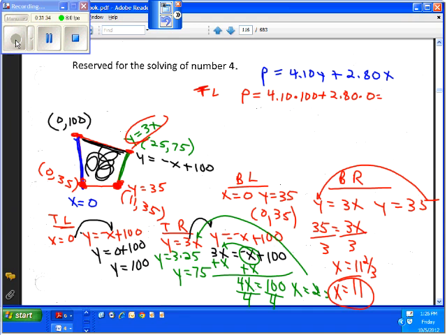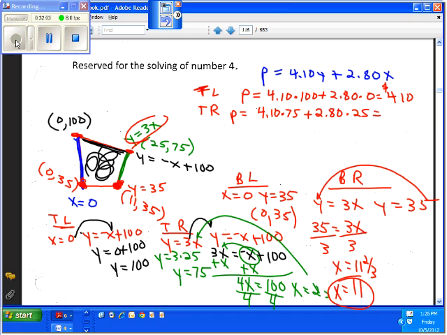And we would get $410 for profit, right? If we plug in the top right, we're going to have $4.10 per y, which is 75, plus $2.80 per x, which is 25.